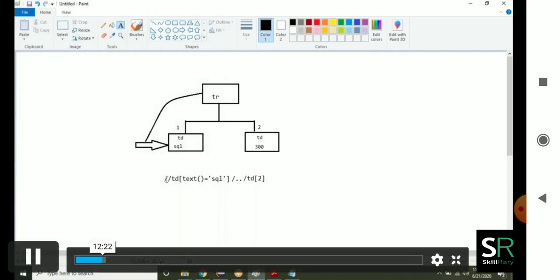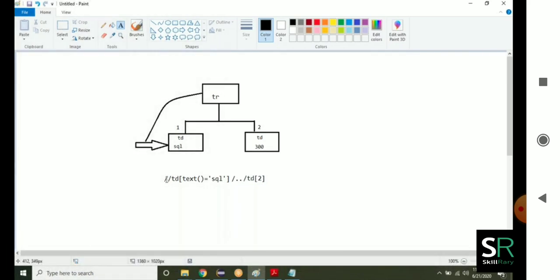From SQL, you move to the common parent, and from the common parent you go to the required price element. This is called the independent dependent technique or XPath. The reason is that SQL is an independent element, it doesn't depend on anything, whereas this price 300 depends on SQL.